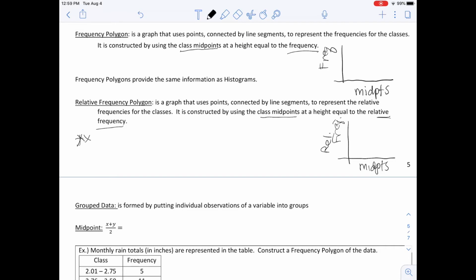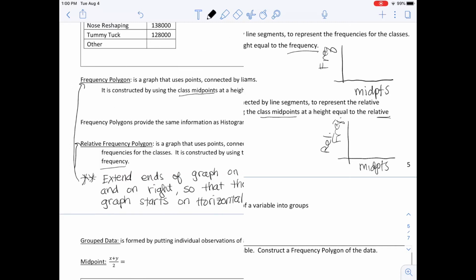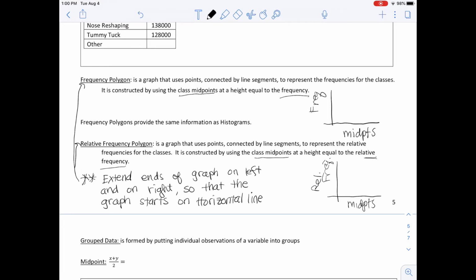And for both of these, relative frequency polygons and frequency polygons, we're going to extend the ends of the graph on the left and on the right so that the graph starts on the horizontal line.